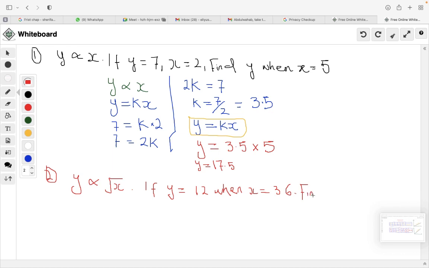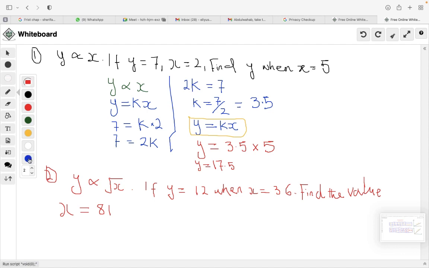Mind you, we can ask you to find the value of x, not only find the value of y. So you just make x the subject. Find the value of y when x equal to 81. So this is another question on direct variation. The second example of direct variation. Now let's take a look at this question quickly.